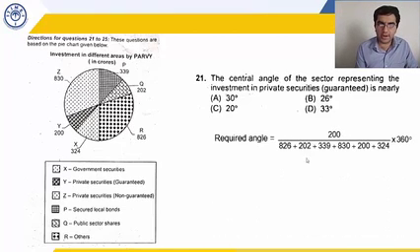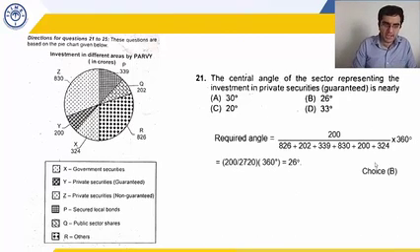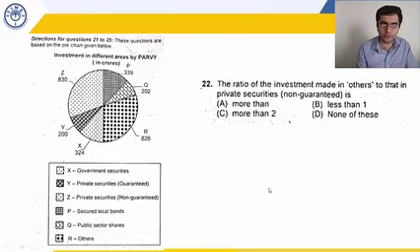So basically, you want the required angle, 200 out of all of them, and then you multiply with 360. If you wanted percentage, you would multiply by 100. But since you want angle, you multiply by 360 degrees. So 200 out of the total into 360. Your total is 2720. Simple calculation will give you the answer as 26 degrees. Now remember this total 2720. It may be required in the next question, so you don't need to calculate the total again.